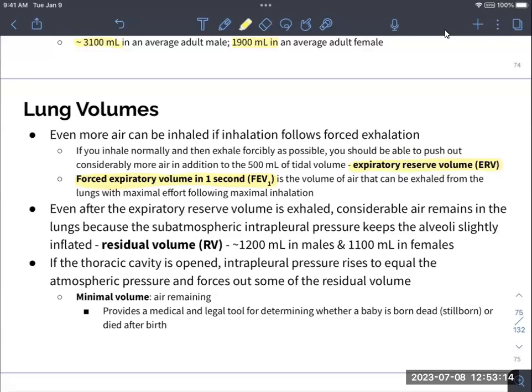Even after you get rid of that forced expiratory reserve volume, we still have air left in the lungs, because of the intrapleural pressure, which helps to keep those alveoli inflated. This is the residual volume, about 1,200 in males, 1,100 in females.